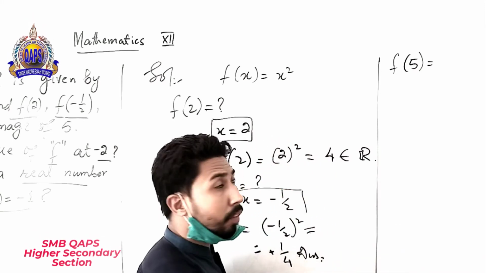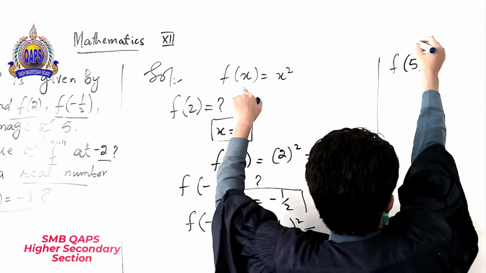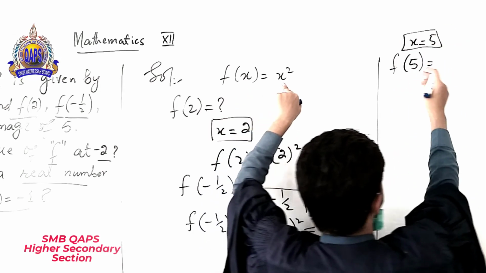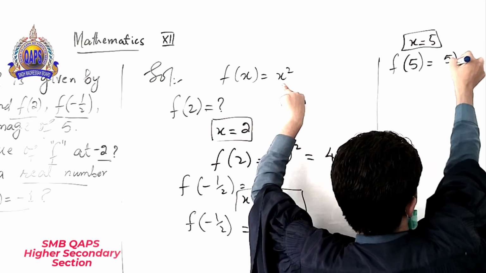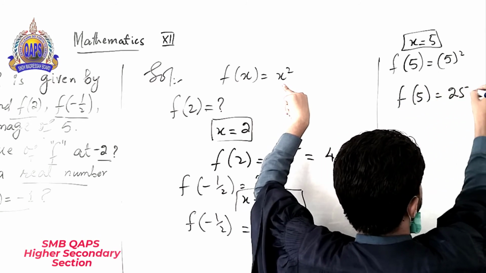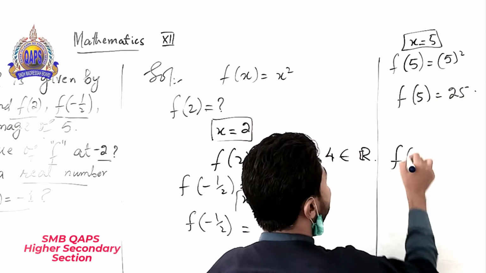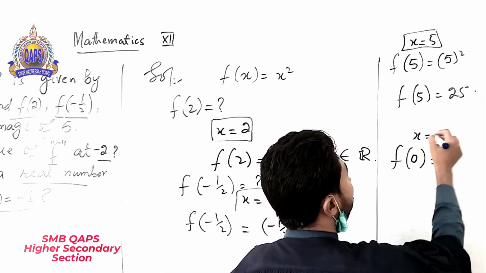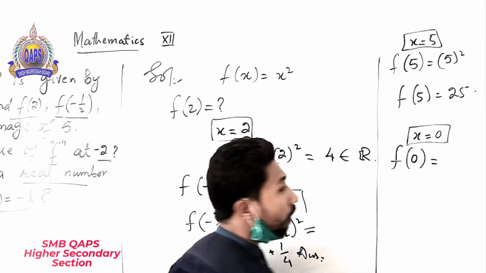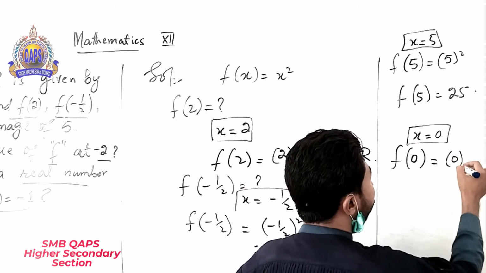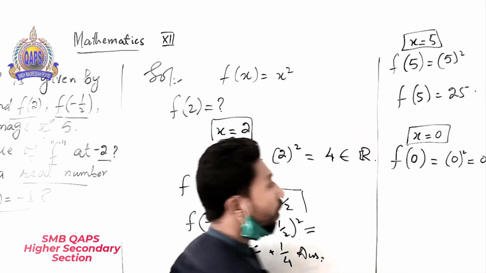Square of 5 is equal to 25. If we put x equal to 0, then 0 squared is 0.